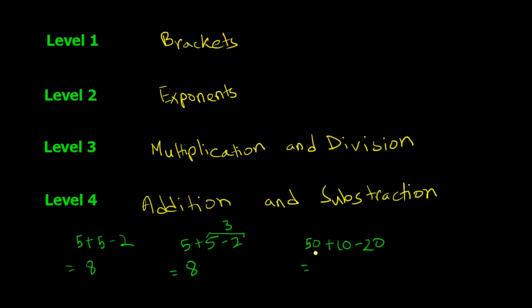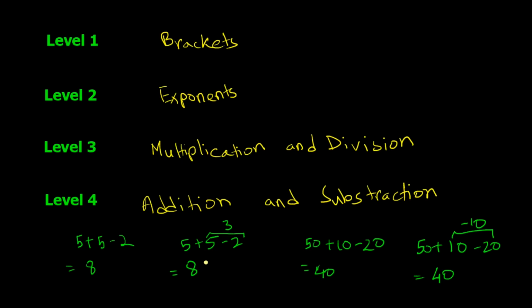Let's do plus first. 50 plus 10 is 60. 60 minus 20 is 40. And then again 50 plus 10 minus 20. Let's do subtraction first. 10 minus 20 is negative 10. And 50 minus negative 10... 50 plus negative 10 is 50 minus 10, which is 40 as well. So for addition and subtraction, they're on the same level, but it doesn't matter which one you do first. You can do addition first or subtraction first. The answer will be the same.